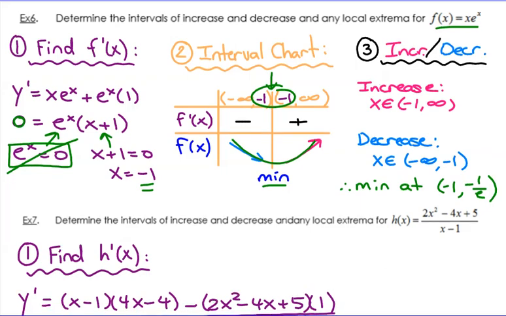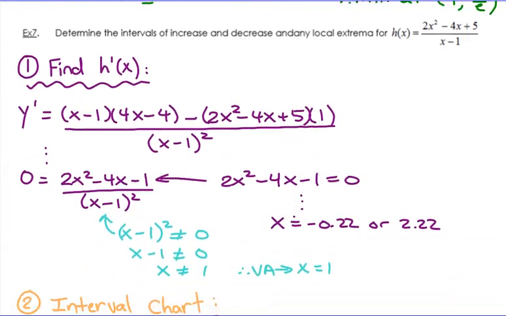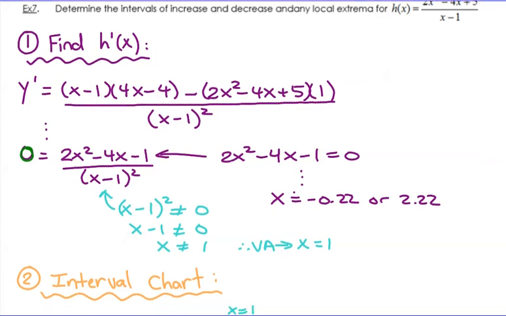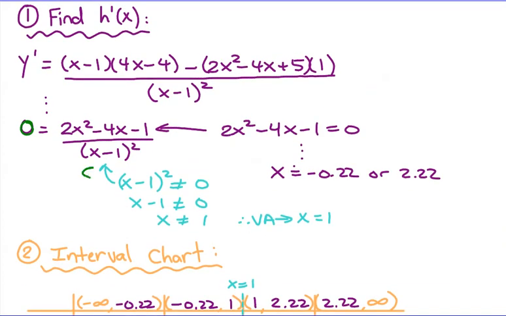All right, and the very last one, determine again the intervals of increase and decrease and any local extrema. So what we're going to do is take the derivative, blah, blah, blah, set it equal to 0. If there's a denominator, you need to make sure that you test for the vertical asymptotes.